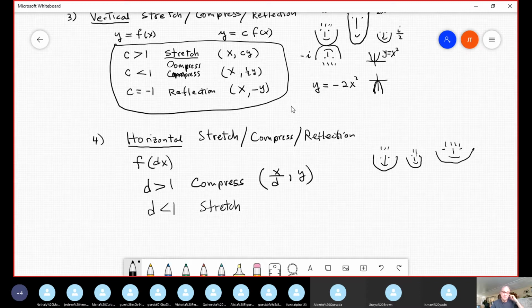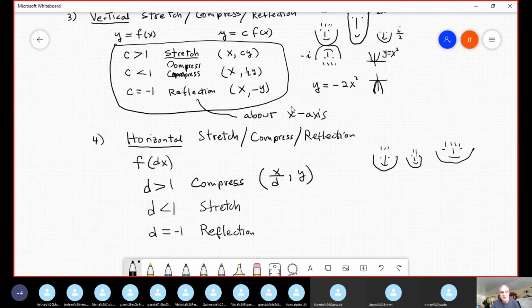It's the same formula. And when d is equal to -1, when you put -1 inside the parenthesis, it's a reflection. But the reflection, in the previous case, was about the x axis.